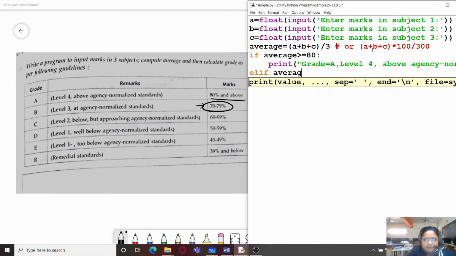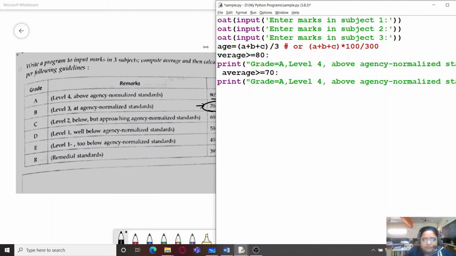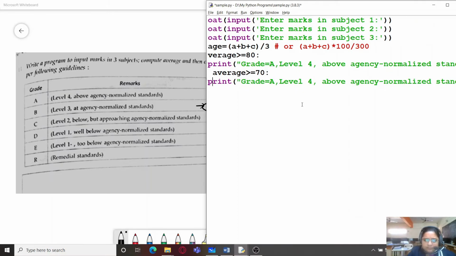Elif. So I'm just going to copy this part and paste it here. So this will be grade B level 3 at agency normalized standards.